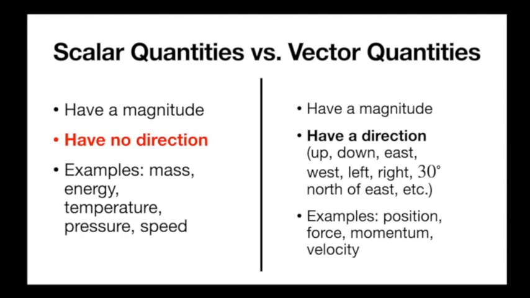And so things like position. I tell you an object is 3 meters away from you. That is not the whole story, because you could be 3 meters in front, 3 meters behind, 3 meters this way. So you need more information. Forces, momentum, velocity, all of these things are different vector quantities where they have both an amount and a direction. So velocity here is when you have speed and a direction.